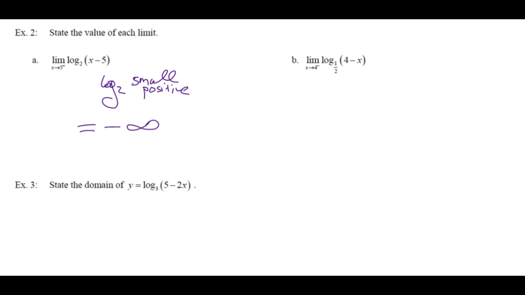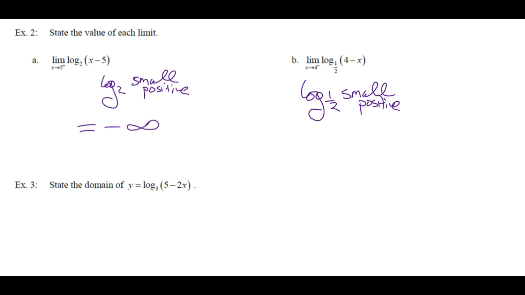Approaches 4 from below. What's a number below 4, but close? 3.999. When you go 4 minus 3.999, what do you get? A small positive number. Okay, so this is log base 1/2 of a small positive.